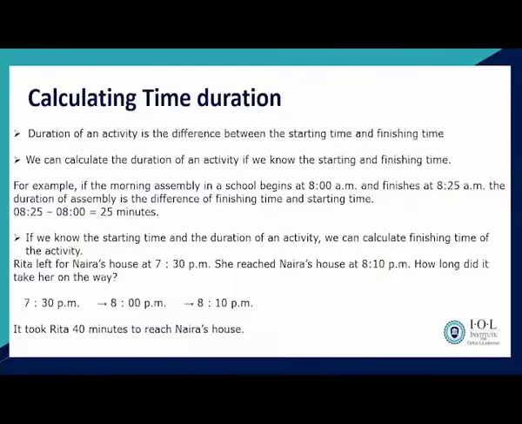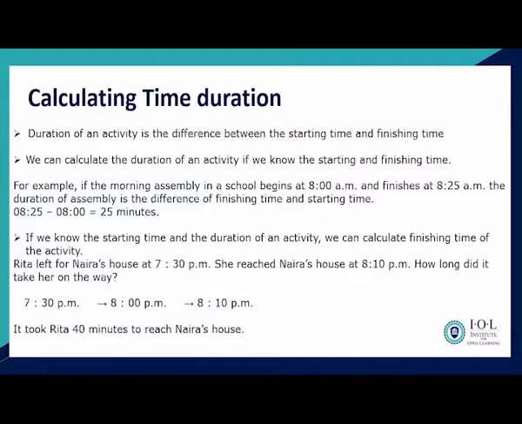Okay. Now, let's move on to calculation of time duration. The duration of an activity is the difference between the starting time and the finishing time. We can calculate the duration of an activity if we know the starting and the finishing time, or vice versa.